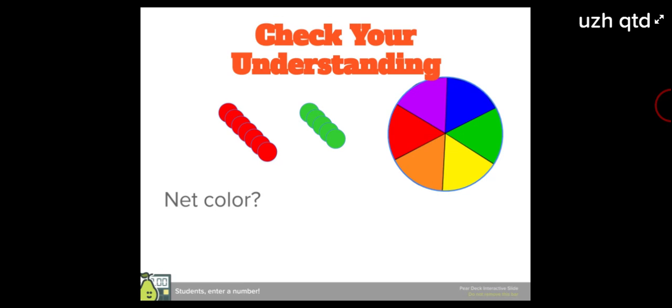Perfect. You have 7 red and you have 5 green. So that means you have 2 more red than green, so you have a net color of 2 red.